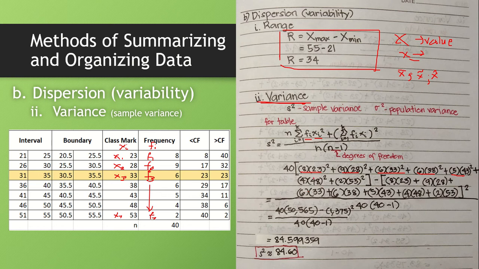Then sum them all and multiply it by 40. So the sum of the products of the frequency and the square of the class marks will be multiplied by 40.